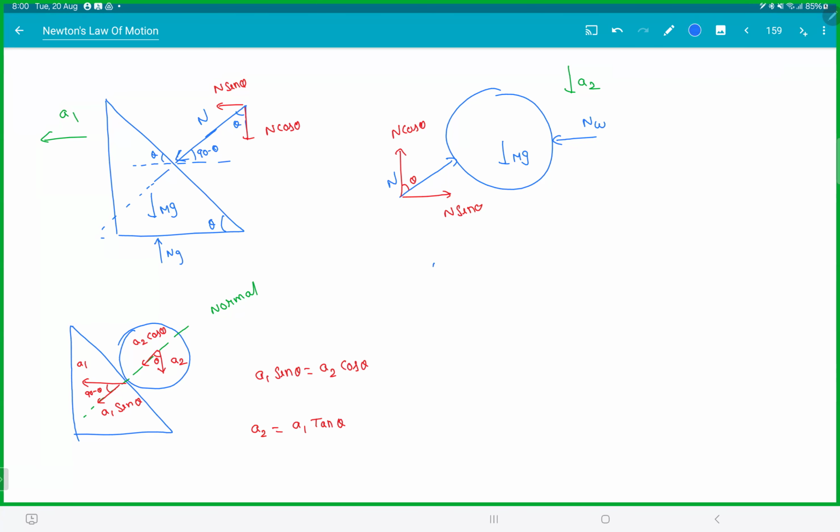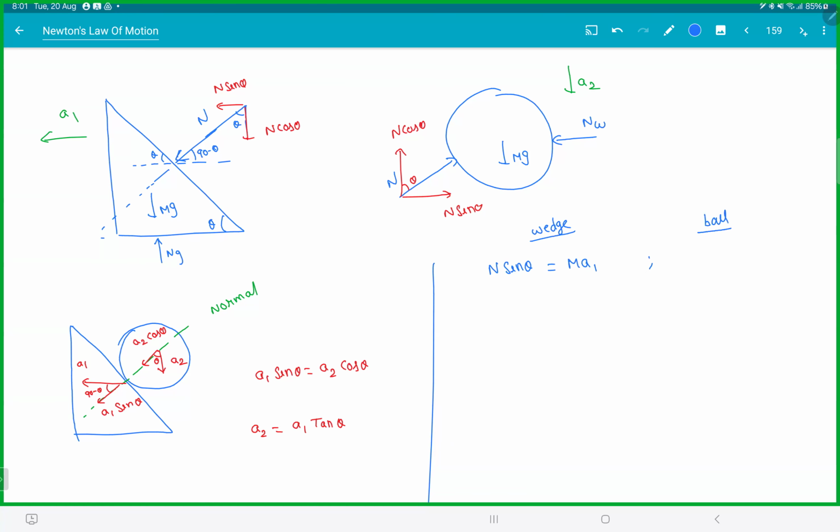Now write the force equations. For the wedge, horizontally, N sin theta. That's it. There's no other force, ma1.